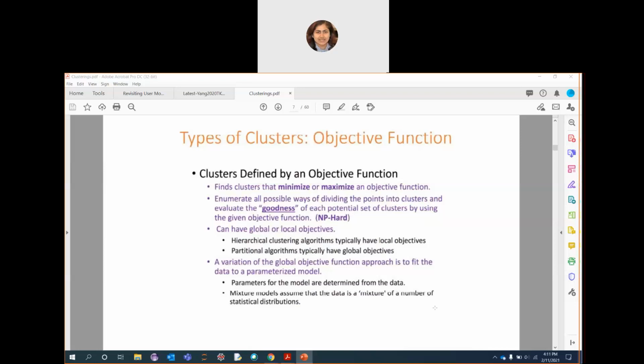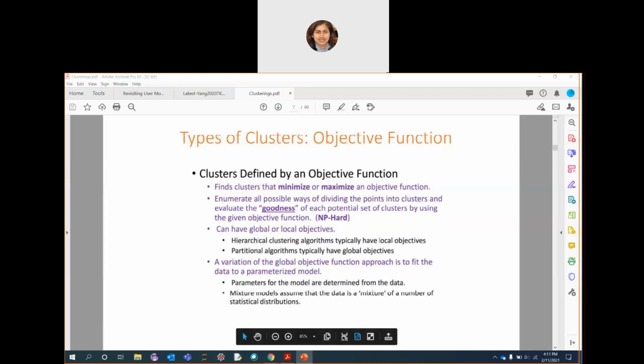So this is your objective function. We have different types of objectives: local objective, global objective. We will look into that as we move through our slides in different types of clustering. Hierarchical clustering typically has local objectives, and partitional ones typically deal with global objectives.